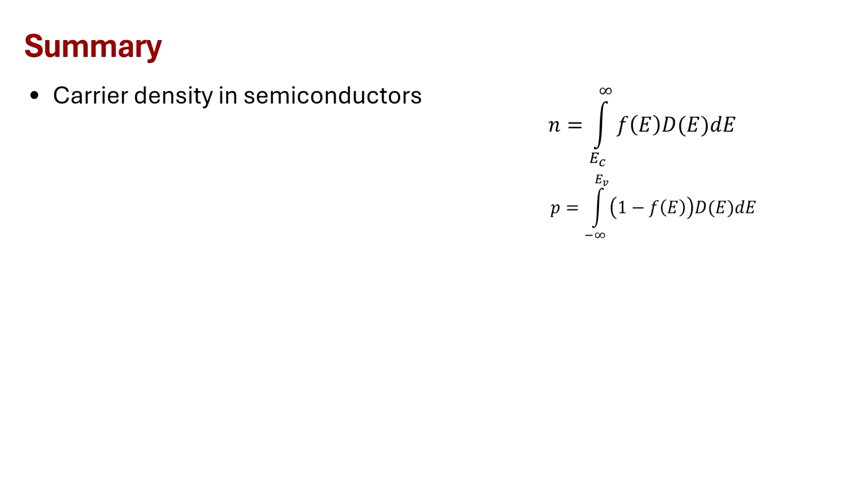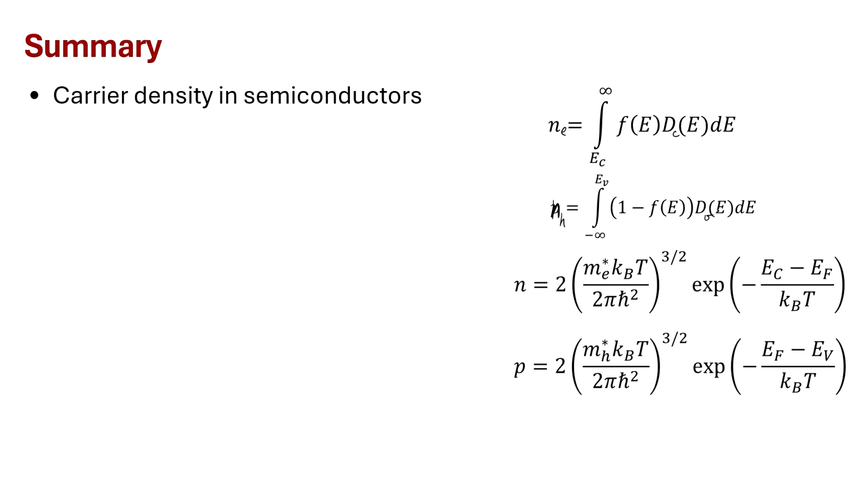So, in summary, what we have done so far is to look at carrier density in semiconductors. Ne is equal to the integration of f(E) g_c(E) dE over an energy range of Ec to infinity, and Nh is the integration of 1 minus f(E) times g_v(E) dE from minus infinity to Ev.